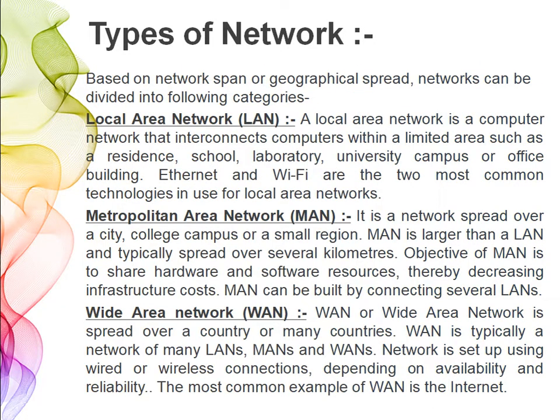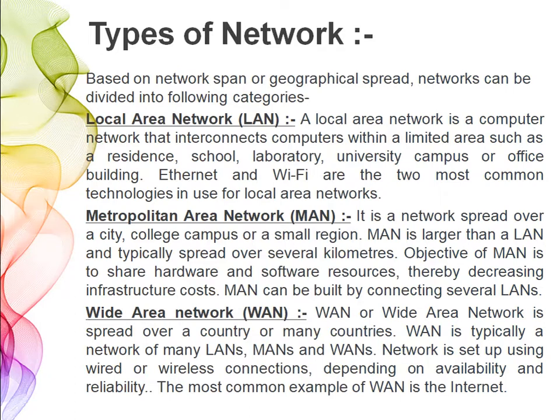Next we have types of network. Based on the network span or geographical spread, networks can be divided into categories. The first one is LAN, local area network. It is a computer network that interconnects computers within a limited area, such as a residence, school, laboratory, university campus, or office building.